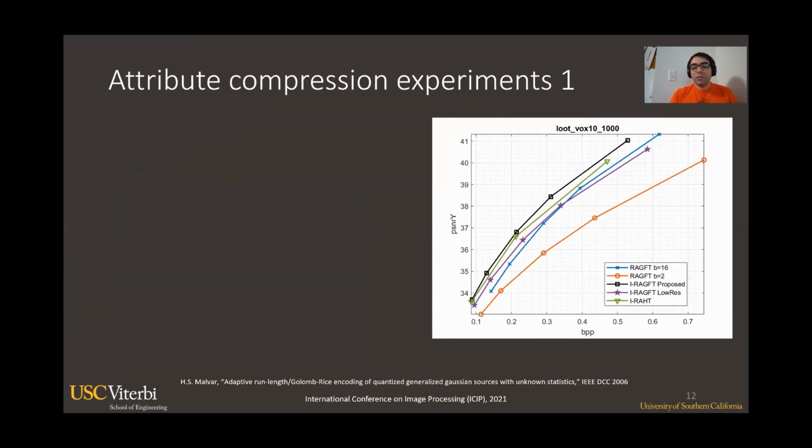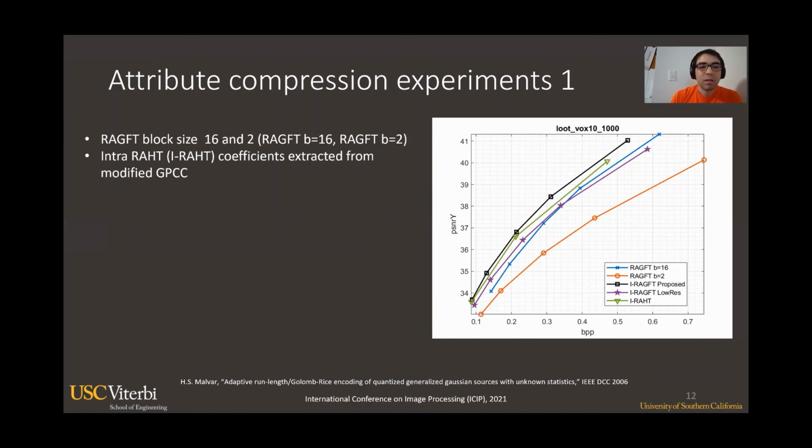Now I will go and show some results. We consider several methods. First, we consider the RAGFT, and we consider two cases, the one with large block size, which provides the best results for this method, and the one with the smallest block size, or block size equals 2, which has a performance comparable to the RAT. We also implement our intra-predictive RAT based on the GPCC code.